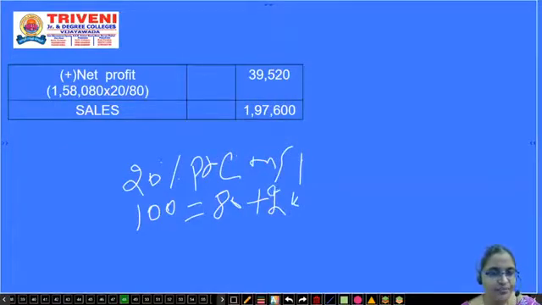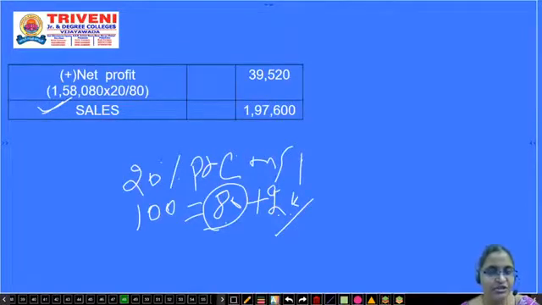So in the sum, the total cost was 1,58,080 into profit 20 by 80, because the profit was taken with the help of a costing figure. That's why 1,58,080 into 20 by 80. Now you got the profit 39,520.